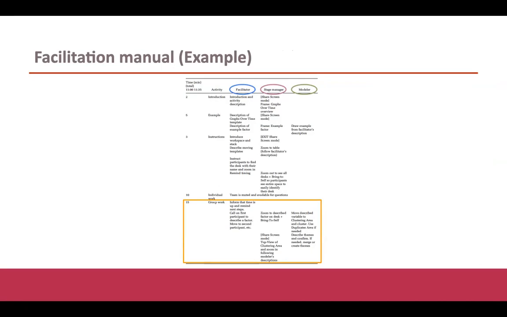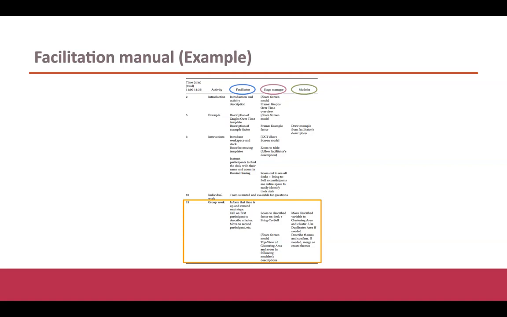If we see, for example, the last item in the table highlighted in orange, this was a group work where the facilitator is eliciting group graphed over time that the participants produced during the previous individual work.